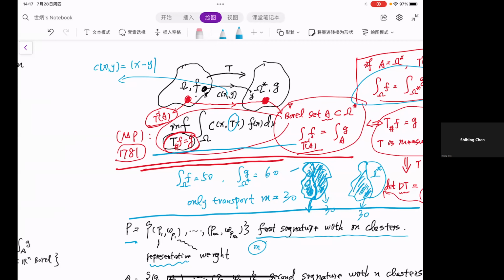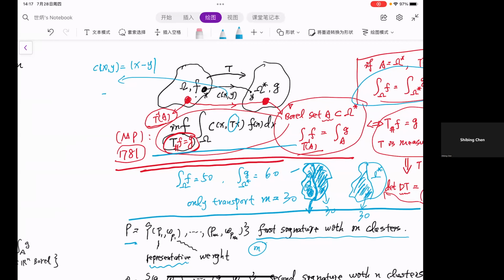But in many applications during the last decades, another cost is also quite important, equal to half of |x minus y| squared. You can think that because it's a square, it has some kind of Hilbert structure.